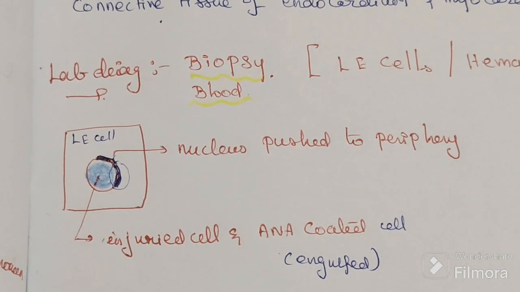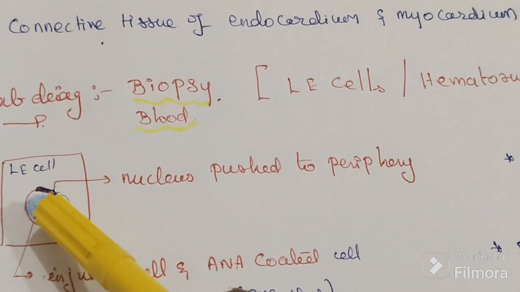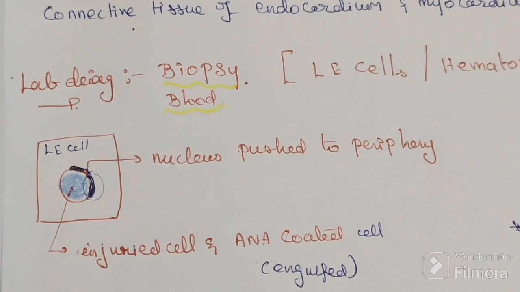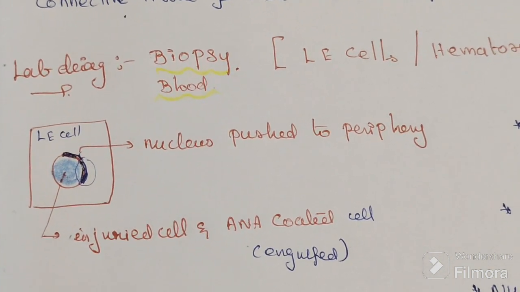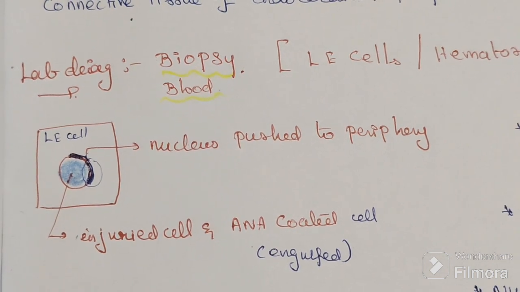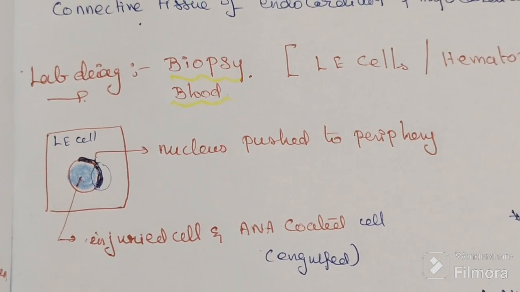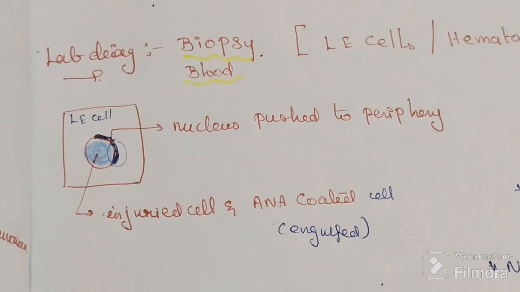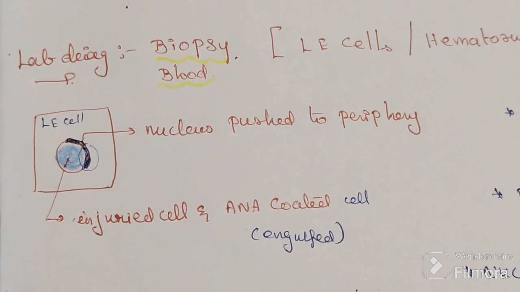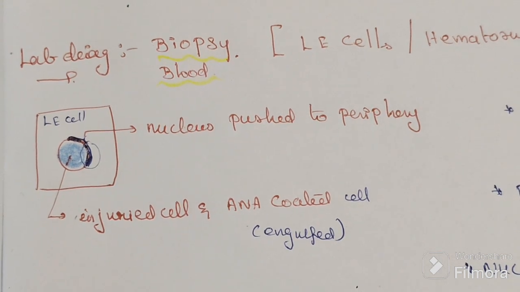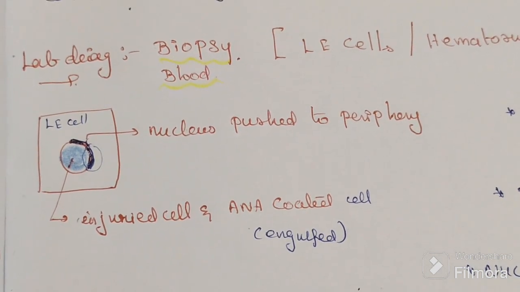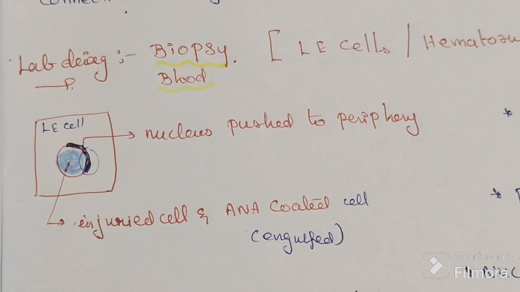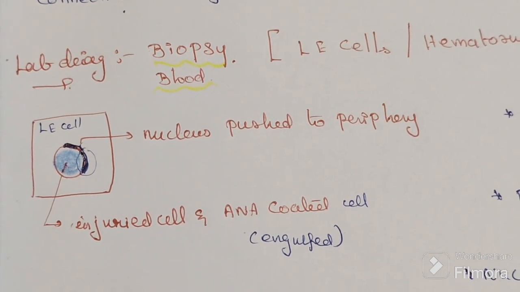What is occupying this space? Basically, it is what the neutrophil has engulfed. Basically it is phagocytosis. So here, WBCs or monocytes eat injured cells or ANA-coated, denatured nucleus.